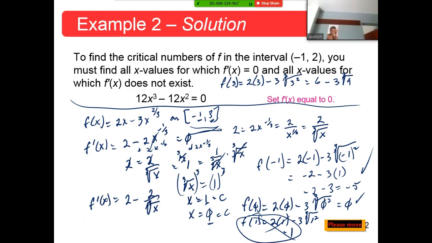They didn't even evaluate it. They just said 3, 6 minus 3 times the cube root of 9. That's sort of cheating, but that's exactly what it is. It's a number slightly negative, but not very negative at all. Any questions on that?